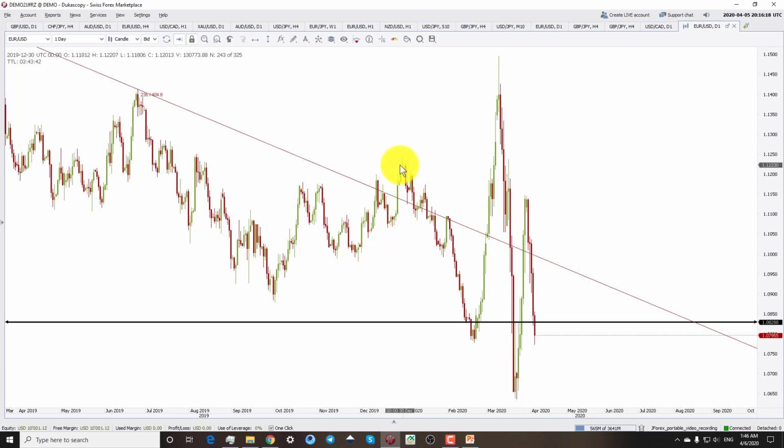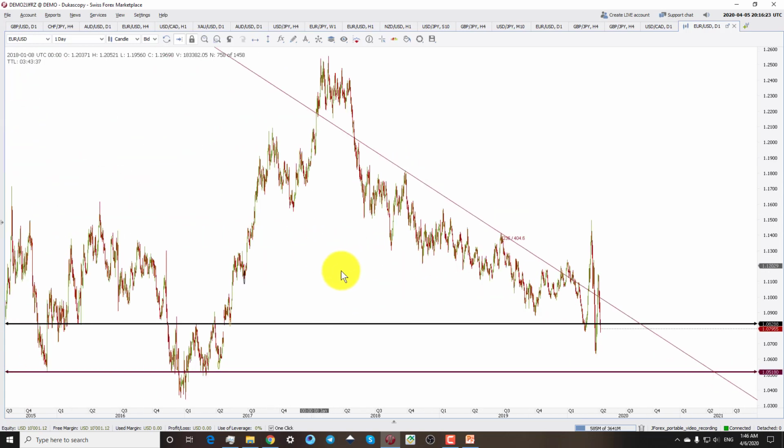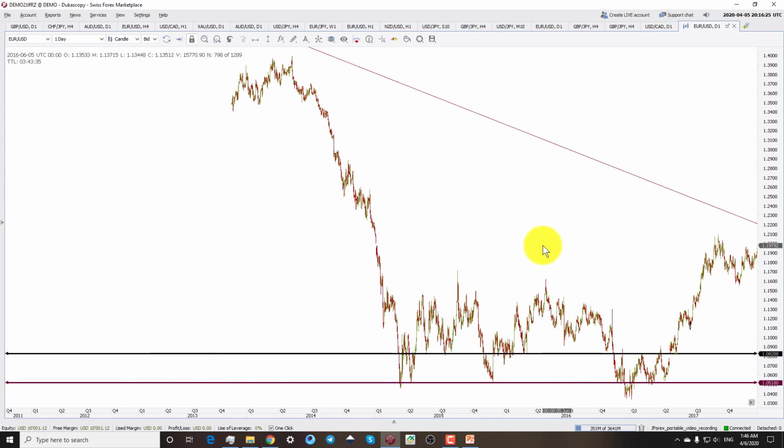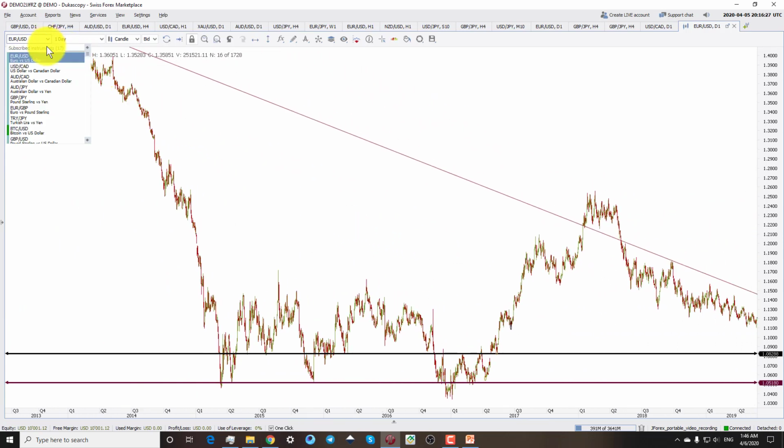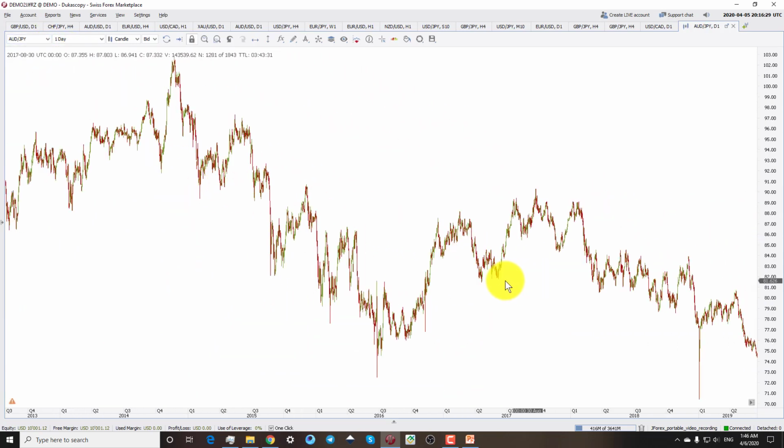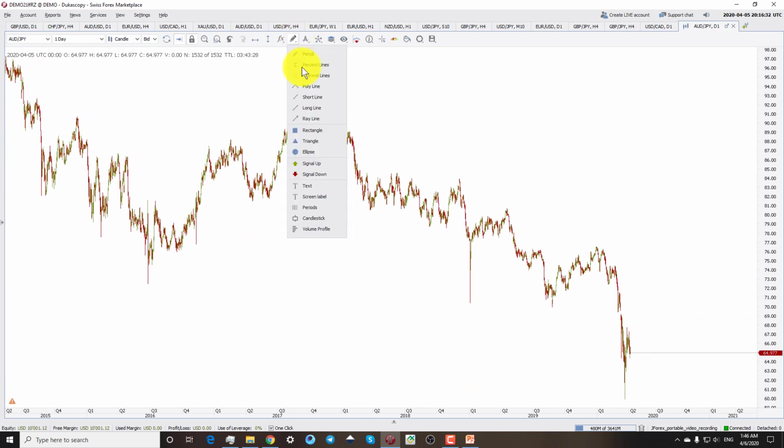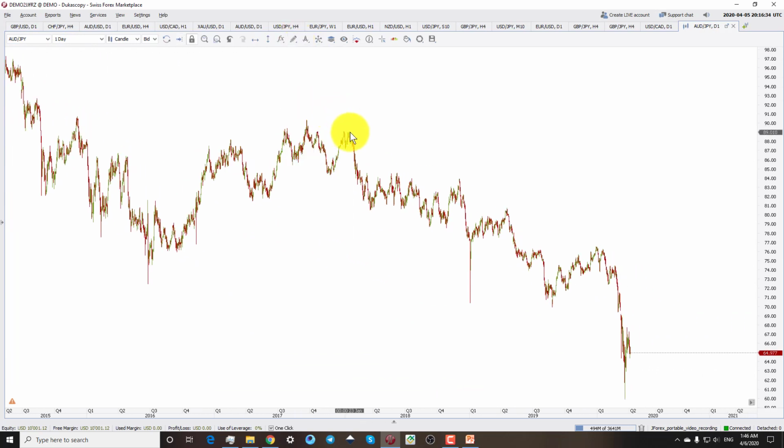Now there are always false breaks to the upside and the downside, because in the real market you will never get the ideal situations. In the real market you will always get some variations from the textbook.